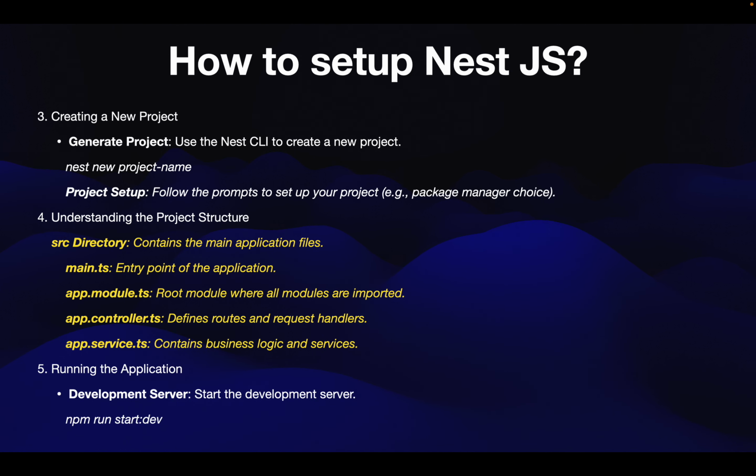You can import any module, like auth module, user module, cart module, order module, product module, or whatever module you are creating. You just have to import it in the app.module.ts file, and then it automatically gets registered.